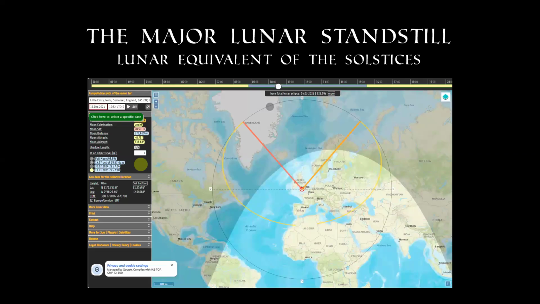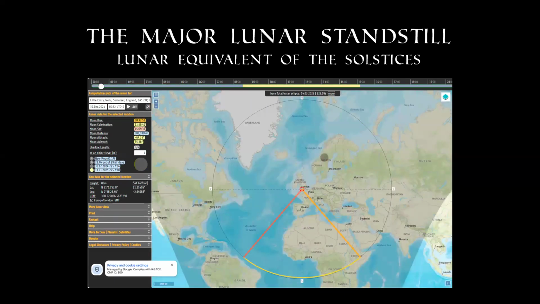So if this is what's going to happen today, this is what's going to happen in a couple of weeks' time on the 30th of December. The moonrise will be all the way down here and the moon set here. So it happens over a much quicker course of time.